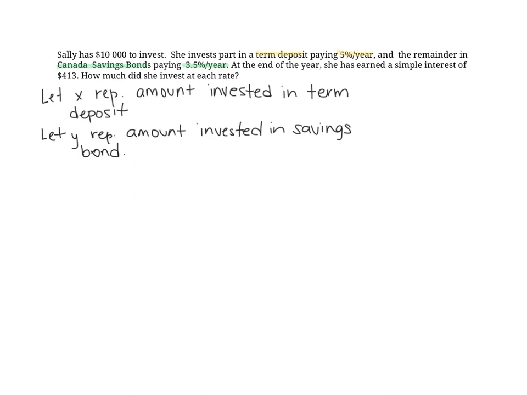But what we do know is that together, the amount that she invests in the term deposit plus the amount that she invests in the savings bond has to equal a total of $10,000. That is the amount of money that she has on hand to invest with the bank. So that is going to correspond to equation number 1.